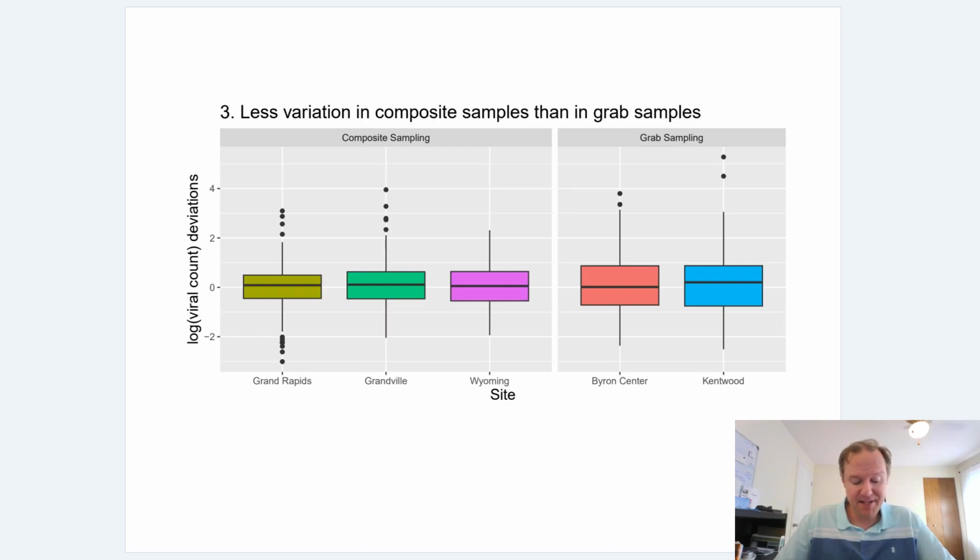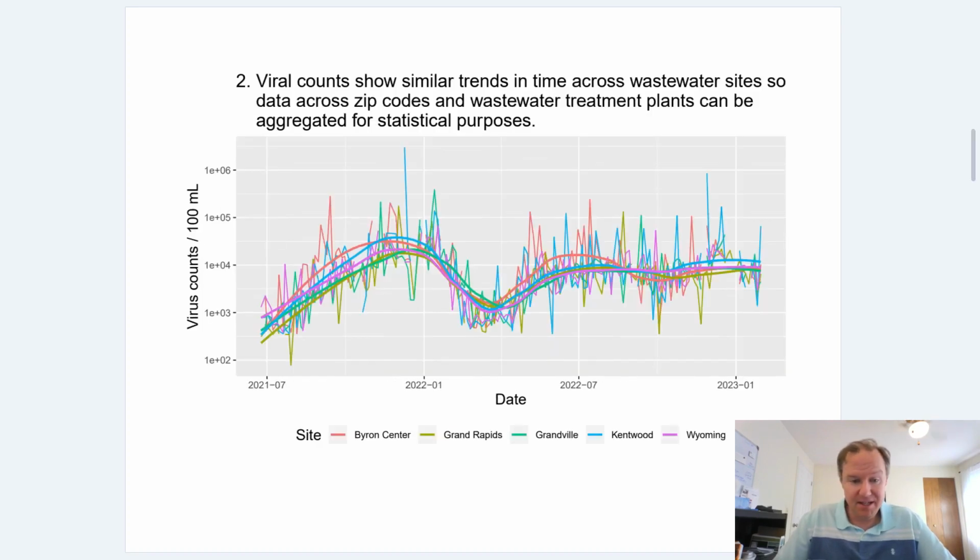Given that composite sampling better accounts for variations in the wastewater at different times, it's not surprising that the grab sample sites showed more variation, as can be observed in the having more spikes on the previous plot, deviating from the smoother lines for the Byron Center and Kentwood, the red and blue lines.